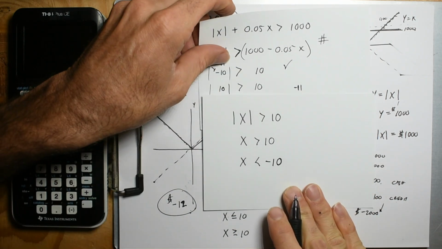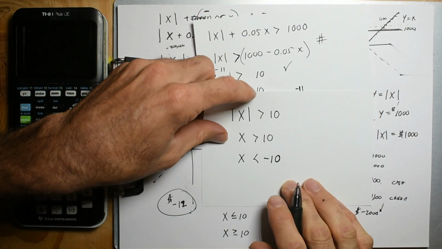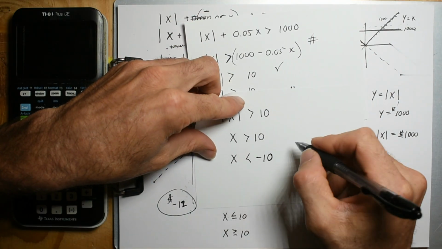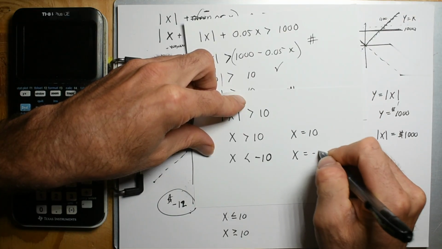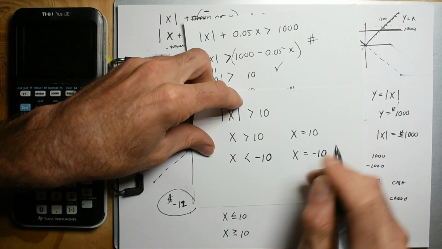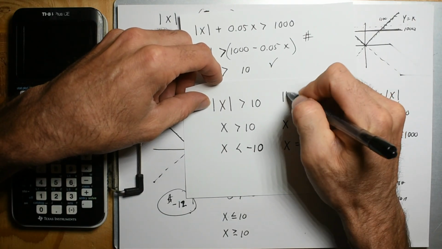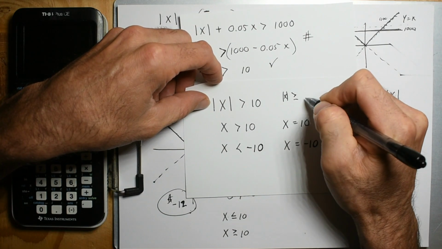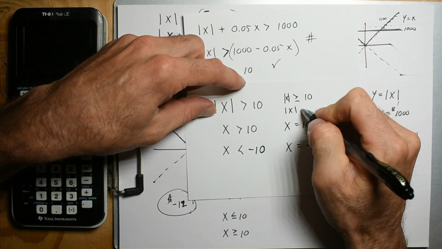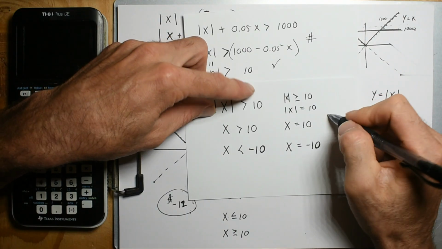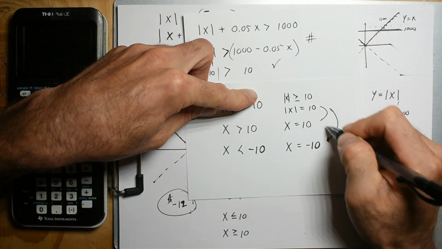You could also look at this as x is equal to 10 and x is equal to negative 10. Because if I did have the absolute value of x is greater than or equal to 10, one of the solutions is the fact that the absolute value of x is equal to 10. And that's where you get both of those solutions.